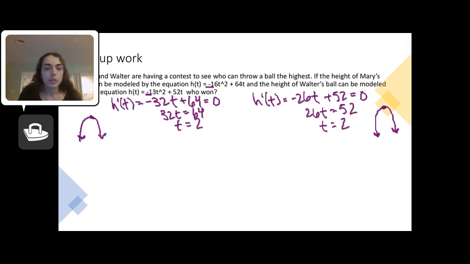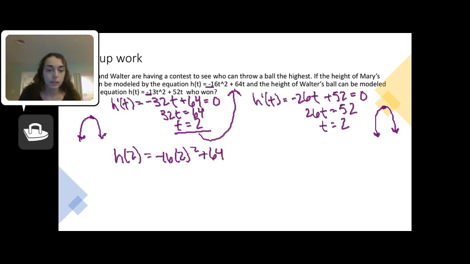Okay, so to find out who threw the highest, we have to plug these t values back into our height equation for our y values or our h values, the height of the ball. So h of 2 is going to equal negative 16 times 2 squared plus 64 times 2.